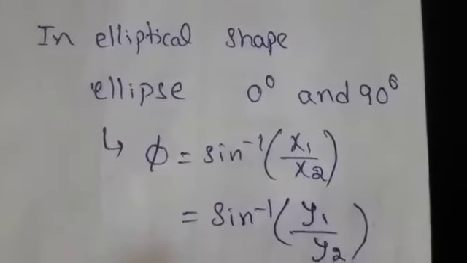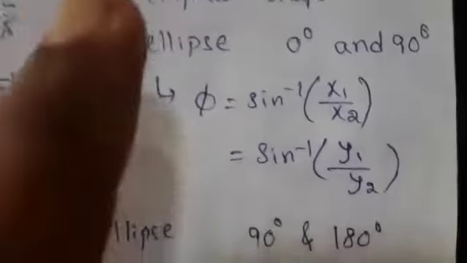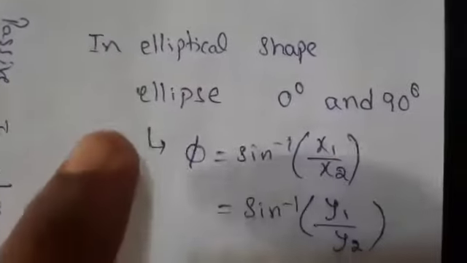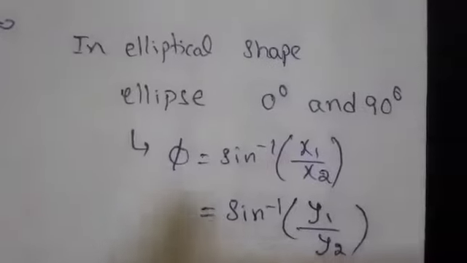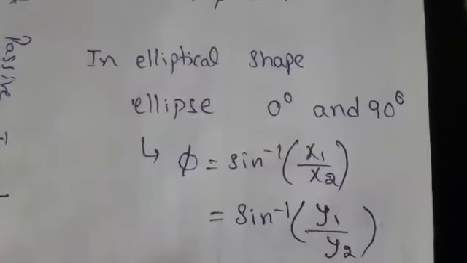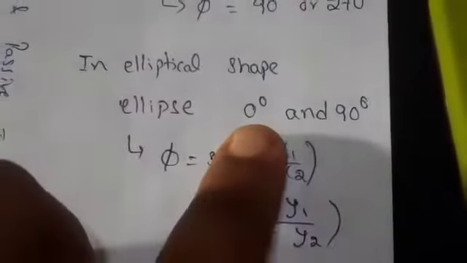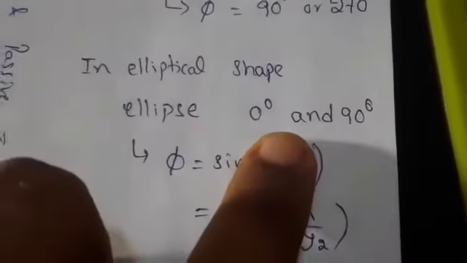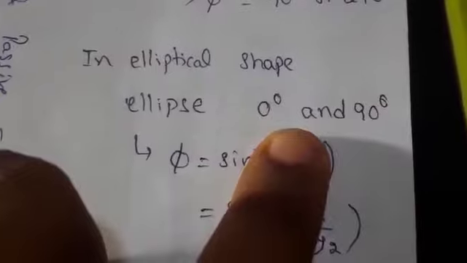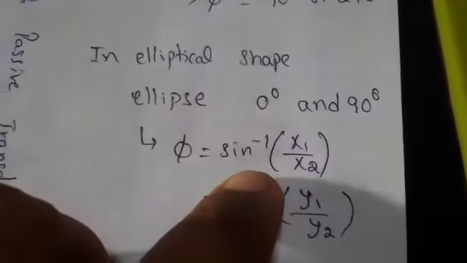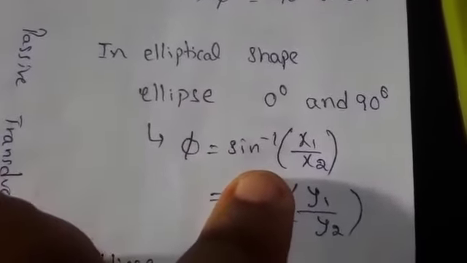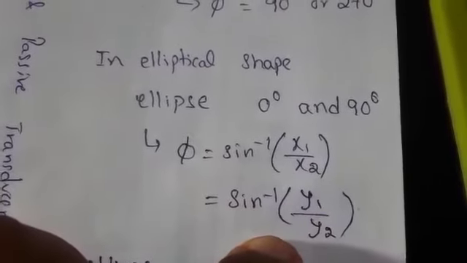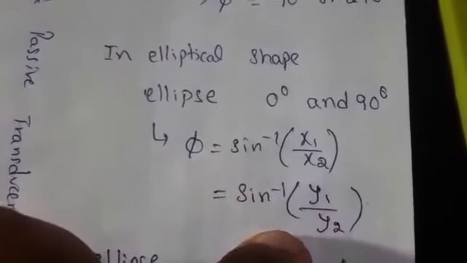If the Lissajous figure is in elliptical shape, then the major axis has an inclination of 0 degrees and 90 degrees with the positive x-axis. If the ellipse has 0 degrees and 90 degrees with the positive x-axis, then the phase difference is measured by this equation: sin inverse of x1 by x2, which is also equal to sin inverse of y1 by y2.